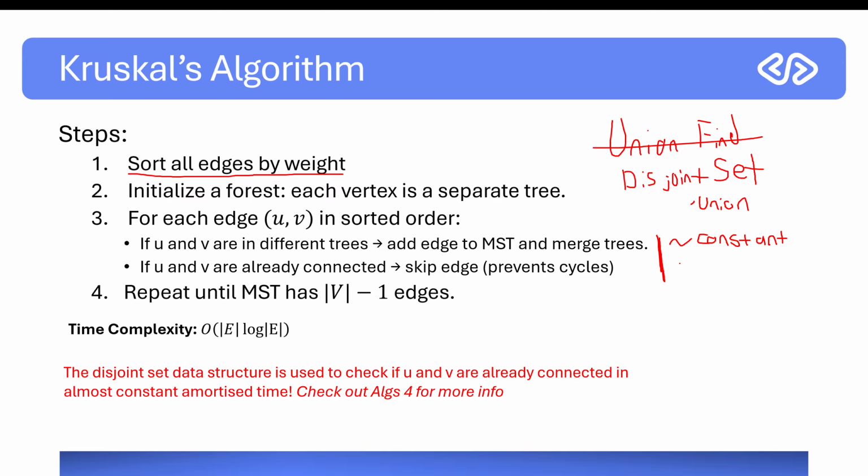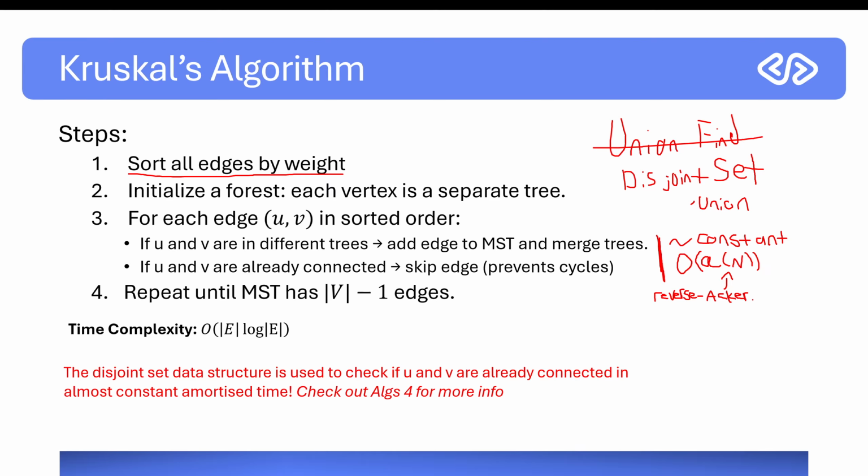There's a whole proof of it, a very fancy thing. They write it as a function of alpha of n, called Ackermann, or reverse Ackermann time. It's a cool thing about why Kruskal's is so efficient: it's because of the disjoint set data structure.